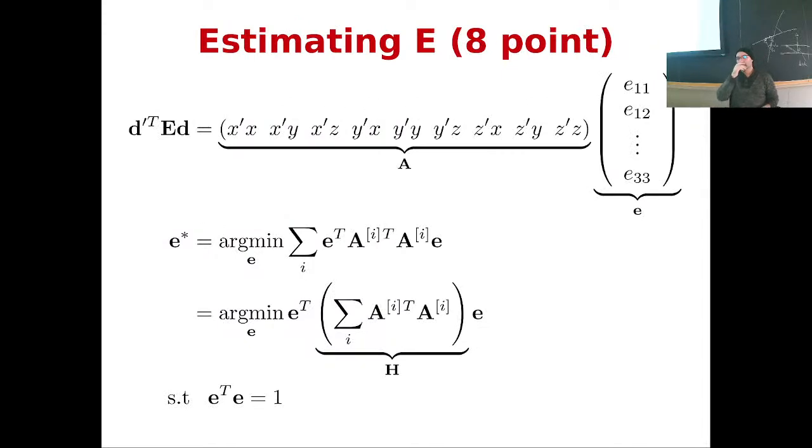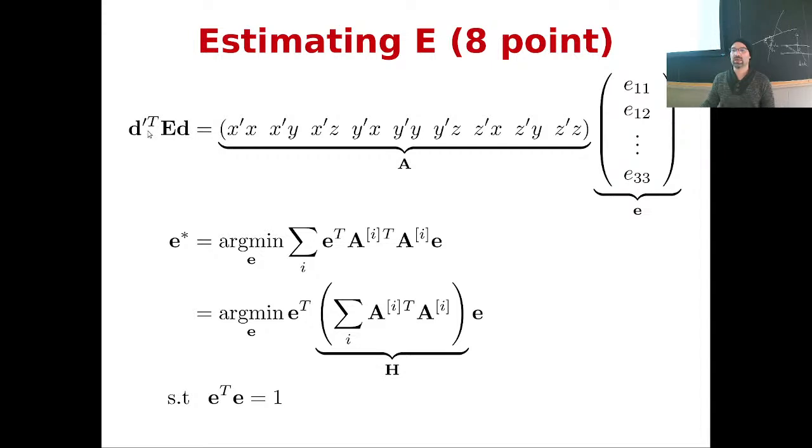Now, how could we do? Well, the very first thing that we do is that we rework our, let's call it epipolar constraint, which is x prime transposed, which multiplies a certain matrix E, which multiplies x. Okay? Now, once again, we could rewrite this expression in a matrix form.